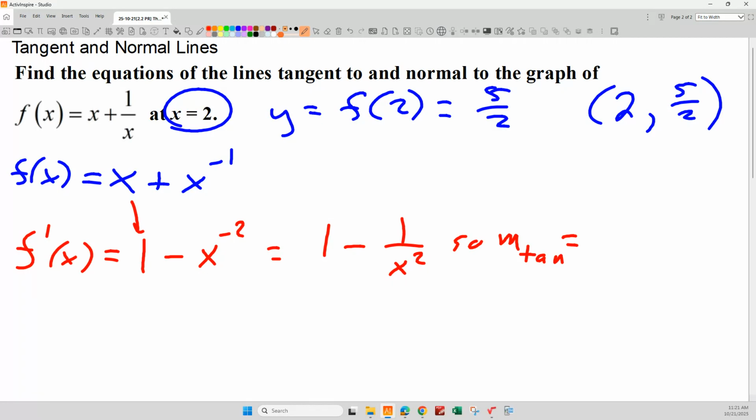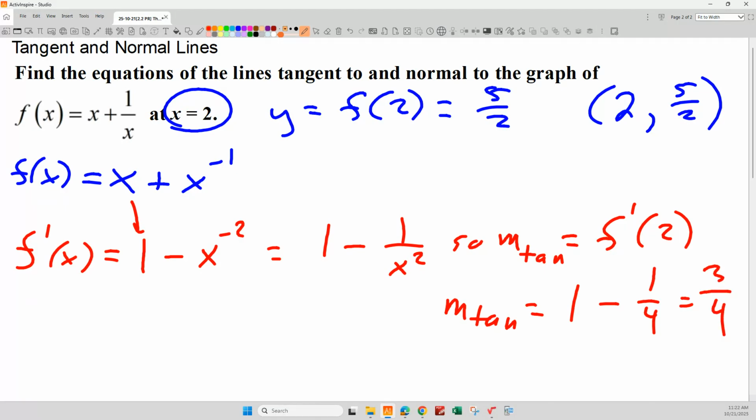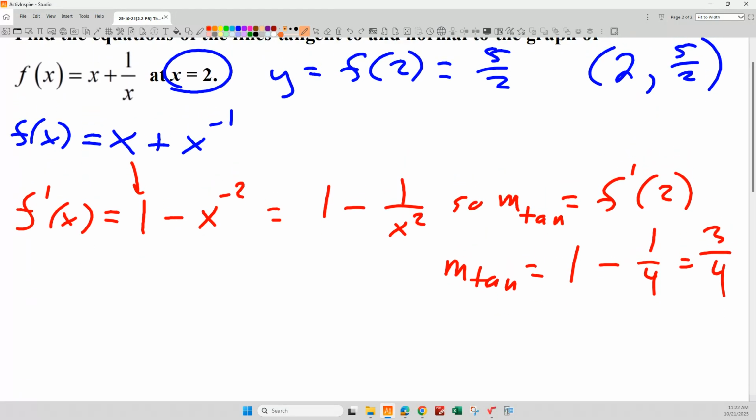The slope of our tangent line is just going to be f prime of 2. Okay, give me thumbs on that. Does that make sense? How we're getting that? Okay. And then we can evaluate that. So that's just what? 1 minus 1/4. Everybody agree? 1 over 2 squared equals 3/4. And this is no big deal.